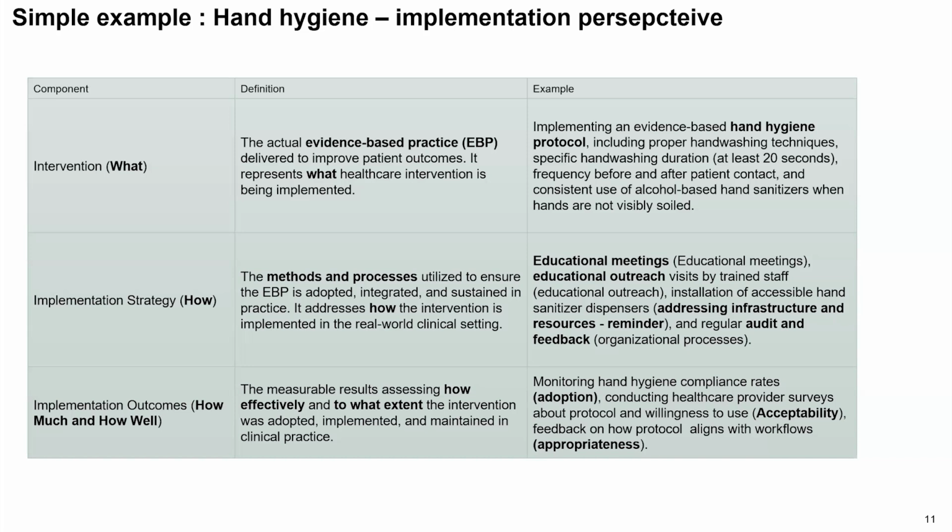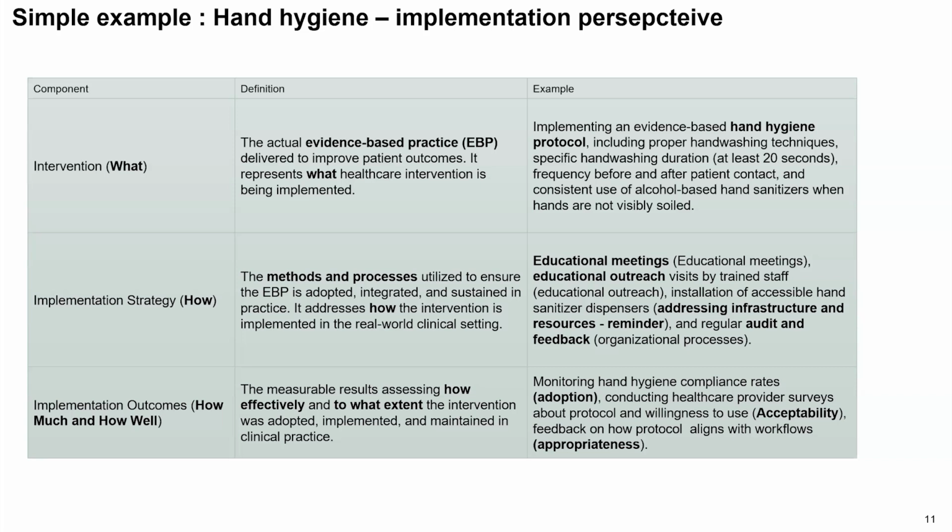And so this is just an example of a very common, evidence-based practice, hand hygiene. And this is from an implementation perspective. Perspective is not spelled correctly there, but that word should be perspective. So, we know there is very good evidence to support implementing hand hygiene.